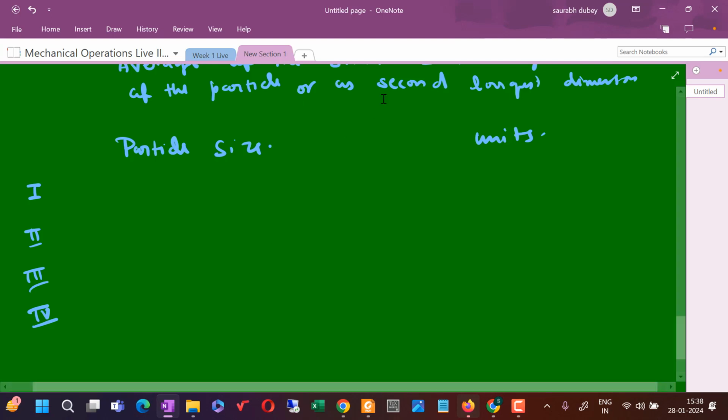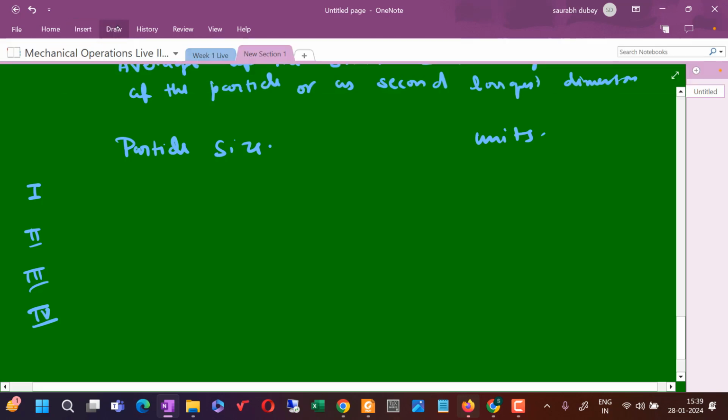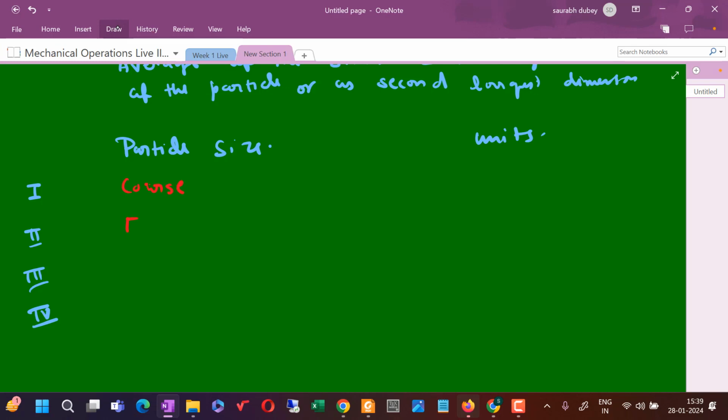So this particle size can have its range. For example, there is coarse particle, and then fine particle, then very fine particle, and then there is ultra fine particle. So coarse particles have their dimension in inches or in millimeters, mm.